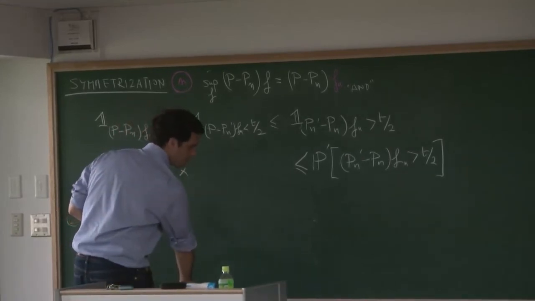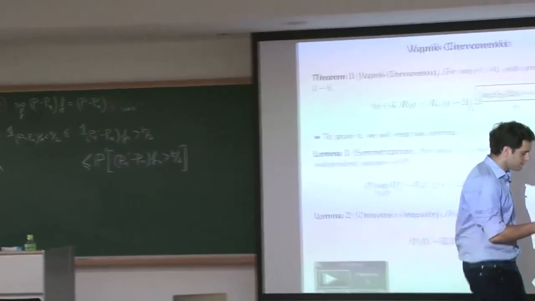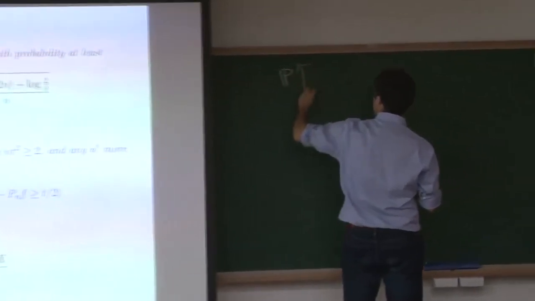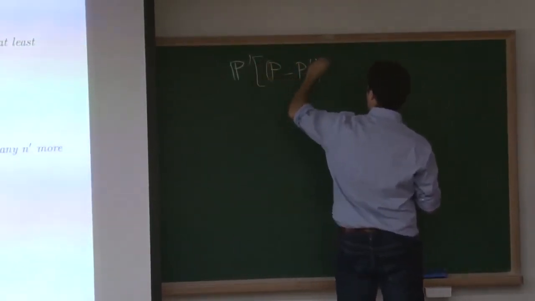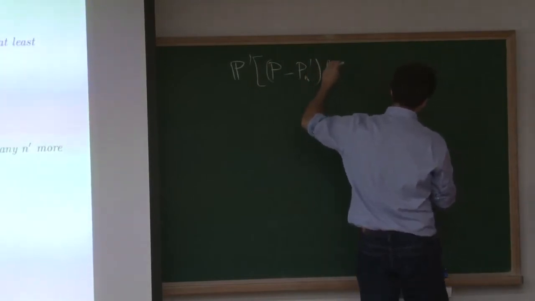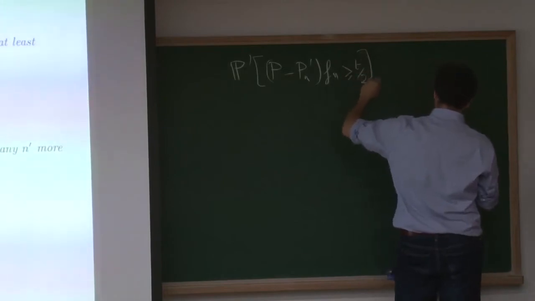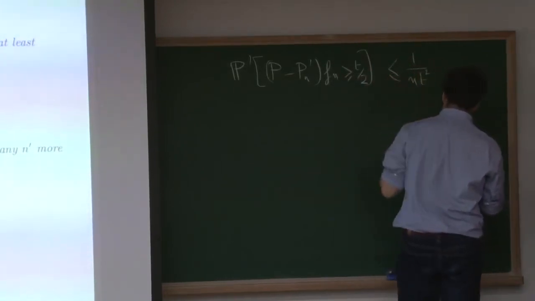I wanted to show you this. So I would write it here. What we get here is that the probability of P minus Pn prime of Fn is bigger than T divided by 2 is smaller than 1 divided by nt squared. Okay?